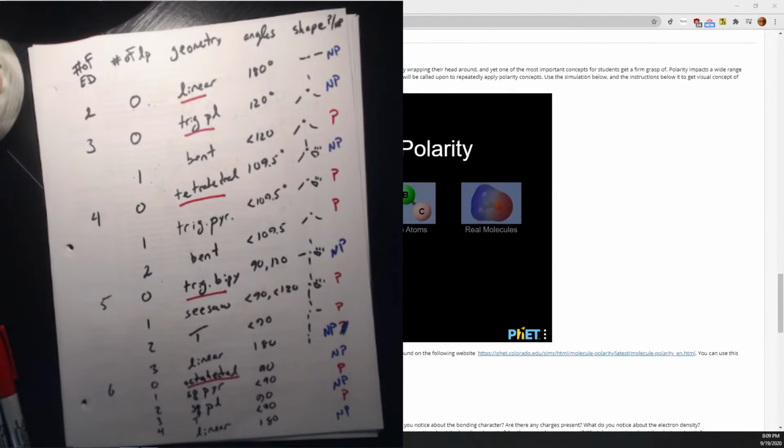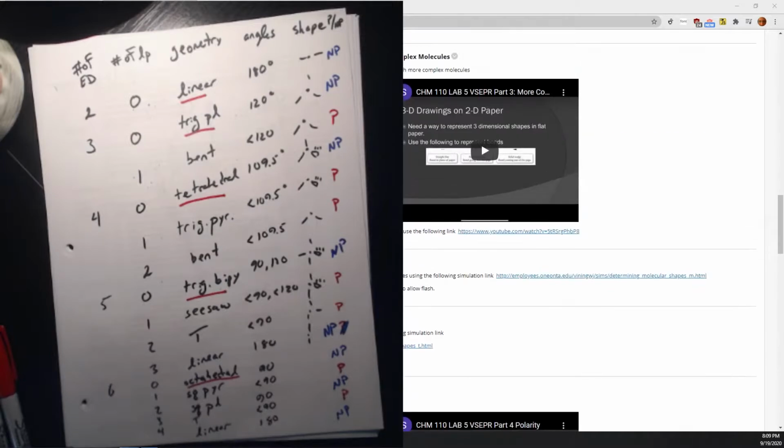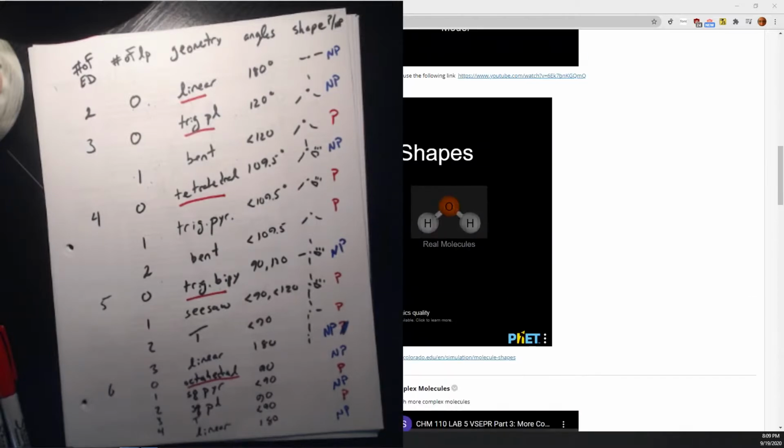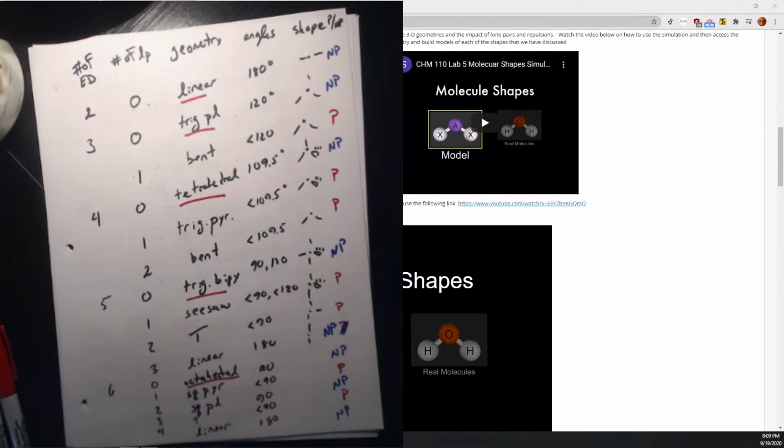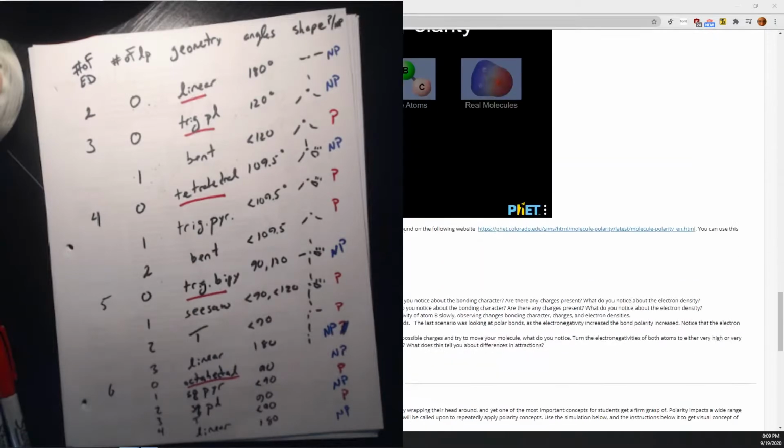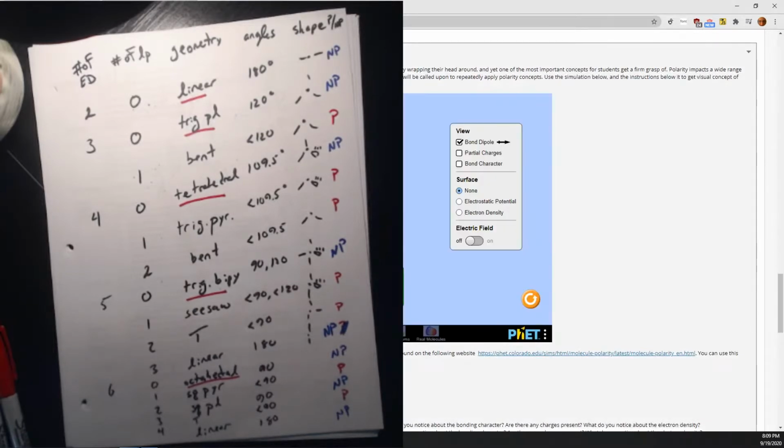They have some simulators for you to play with so that you can see molecular shapes, molecular geometries, so that you can see polarity, things like that. So I recommend that you definitely play around with these things. It might give you a good feel for the way these things work.